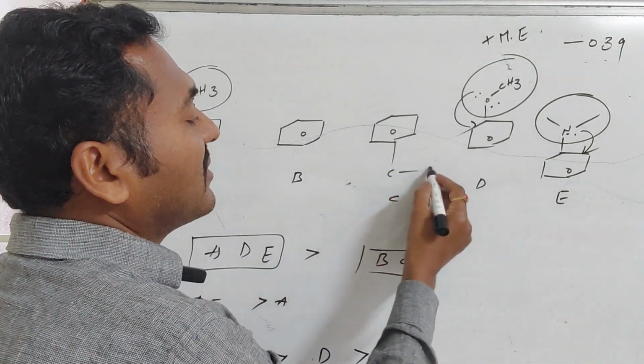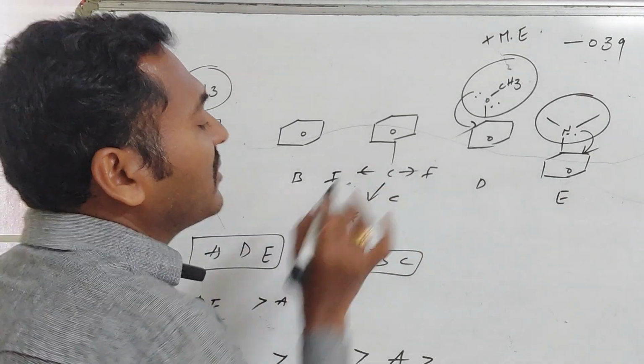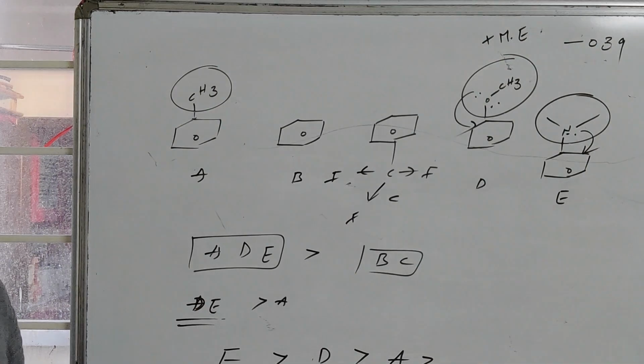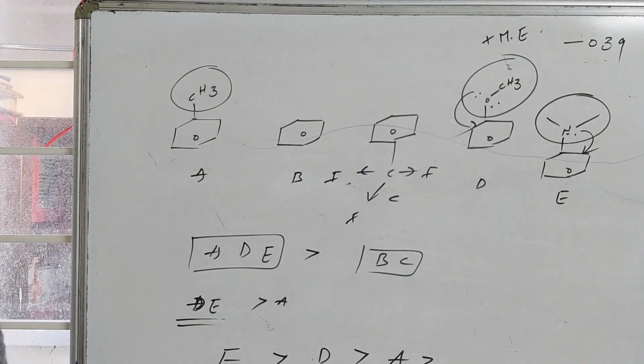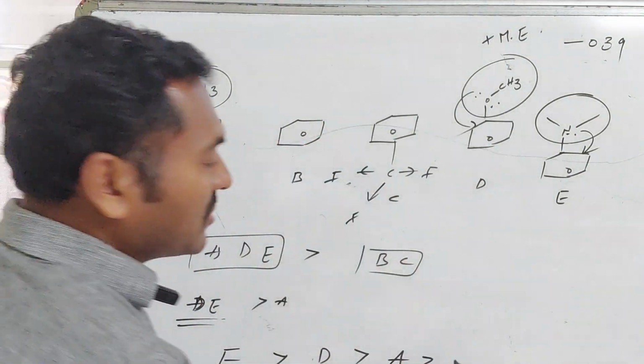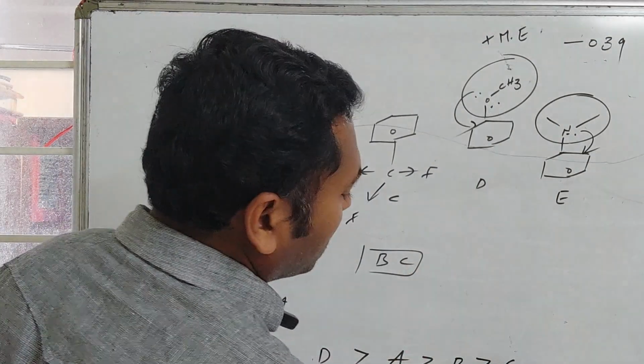If I write the structure, fluorine is a minus inductive effect group and it is also more effective. As a result of this trifluoromethyl, otherwise negative hyperconjugation, electron density on the benzene decreases. Here it is nominal, so therefore B comes later, followed by what? The C compound comes at the last.